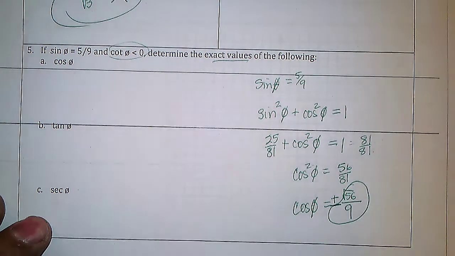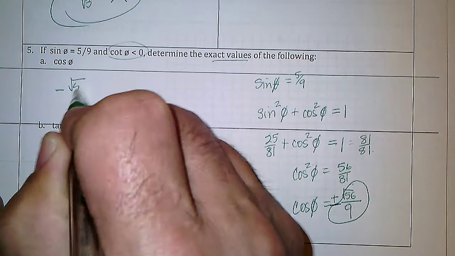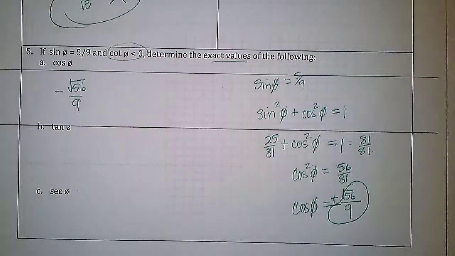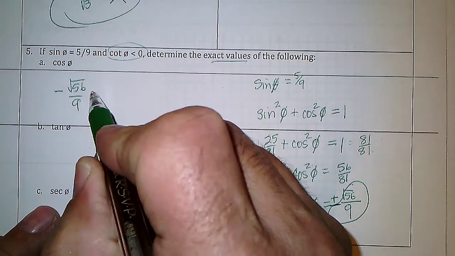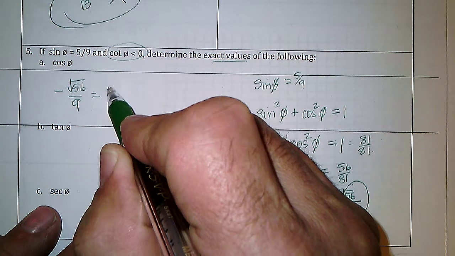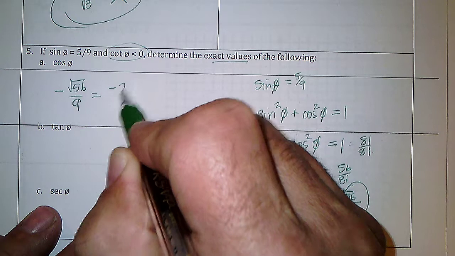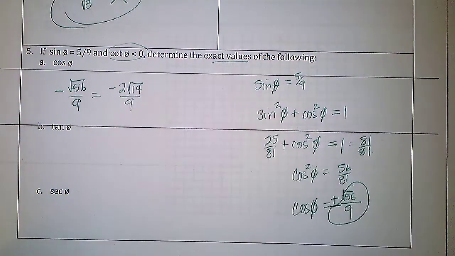So I know that the cosine is negative square root of 56/9. Now some people said 4 goes into 56, it goes in there 14 times. So they called this negative 2 square root of 14/9. You didn't have to do that, but you could.